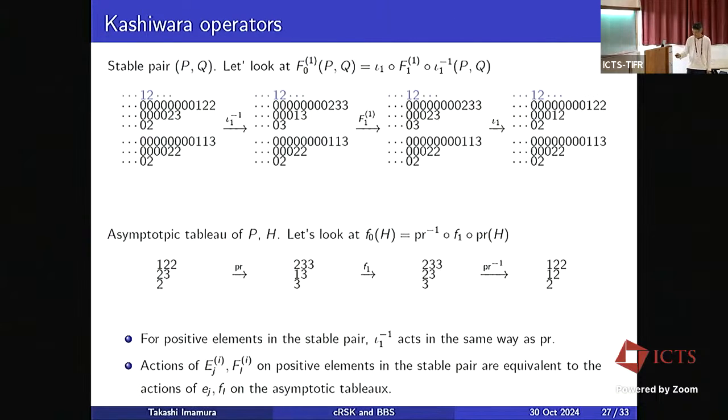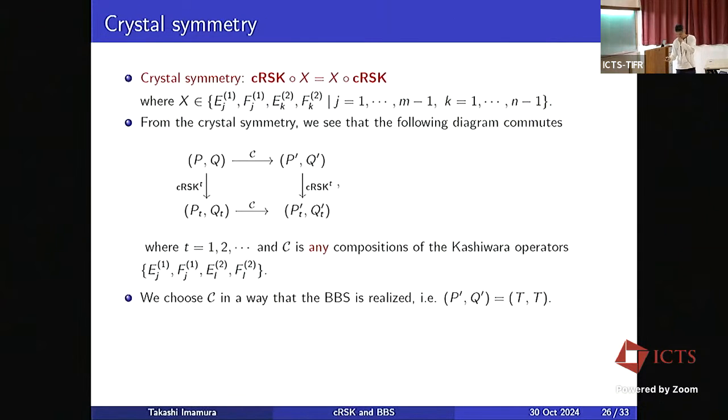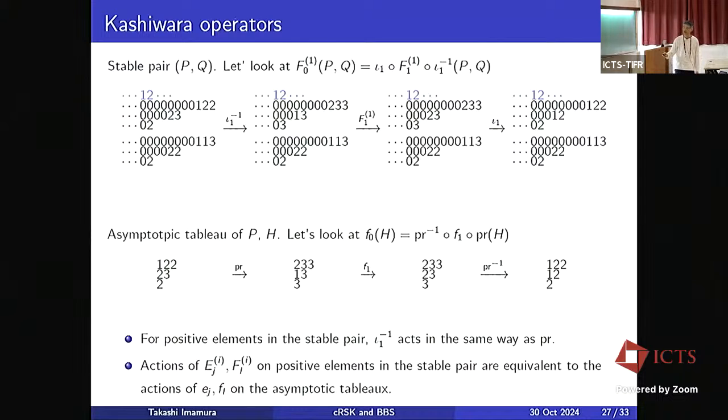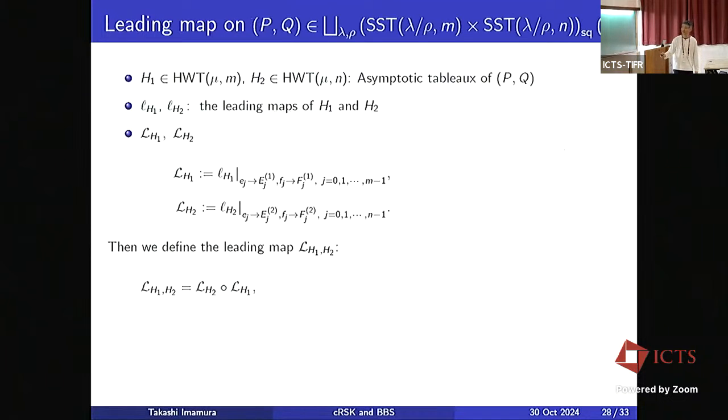By using this, we can establish the leading map, at least from the stable pair, here in the bottom ones. But we know that this is sufficient because we have a crystal symmetry, so this operation is the same as this operation. So that's why this construction is the answer.